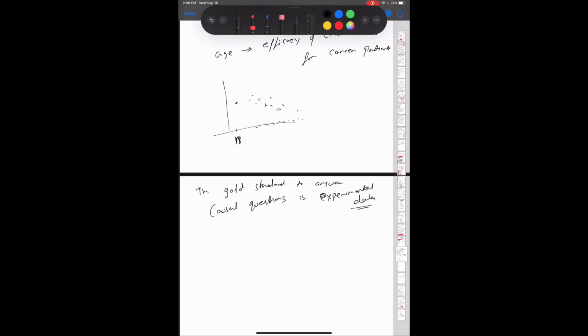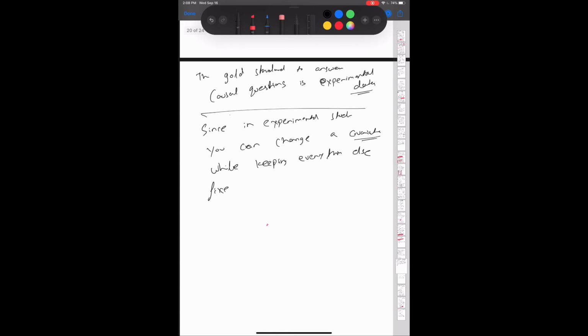Since in experimental studies you can change a covariate while keeping everything else fixed, they can be used for answering causal questions.